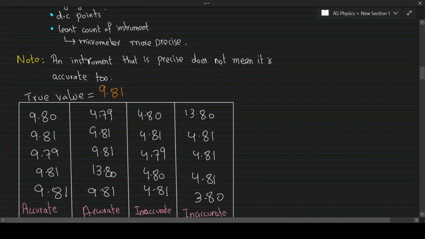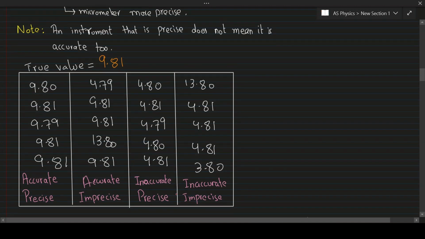Okay, then we can see a table here which shows how the values are related to each other. So we are comparing 9.81, that is the value of g. In the first row we can see that most of the values are close to the true value as well as they are precise. The highest value we have is 9.81 and the lowest one is 9.